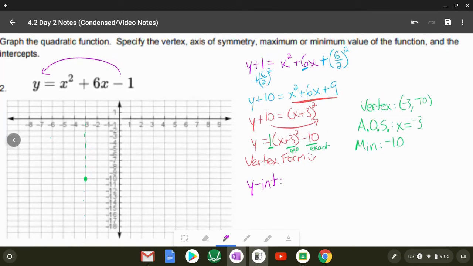Well, for a y-intercept, it might actually be easier to use the standard form because for the y-intercept, you know x equals 0. So if I plug in 0 for these two x values, I know that my y is going to be -1. So we know the y-intercept is at 0 for x, -1 for y. So our y-intercept, as we just said, is 0, -1.